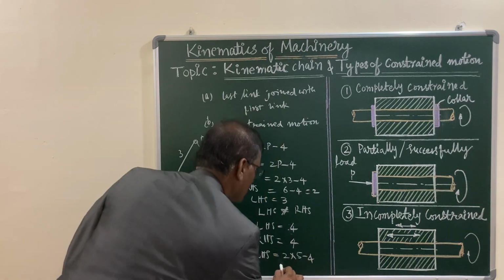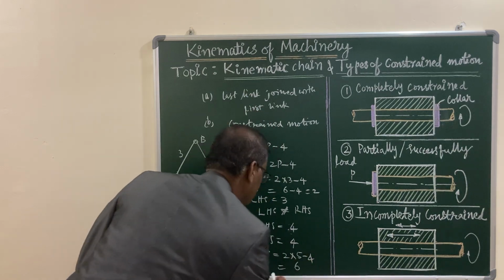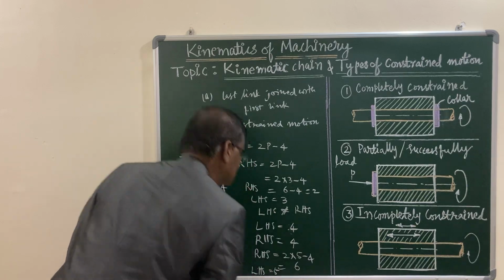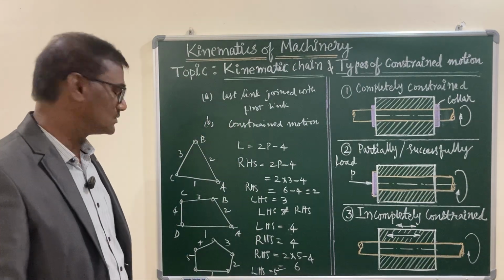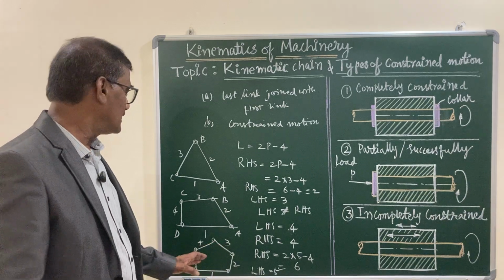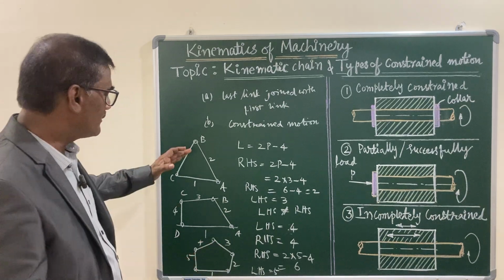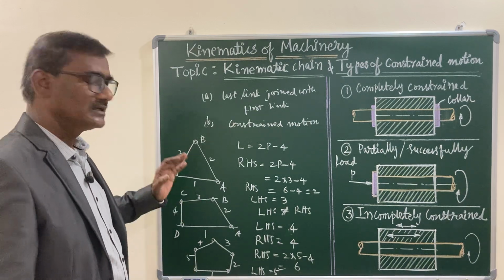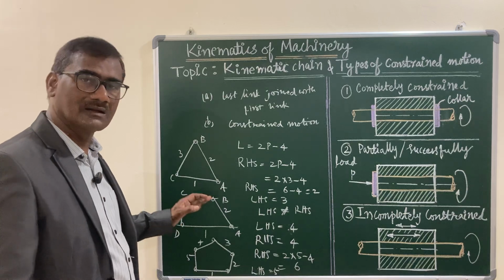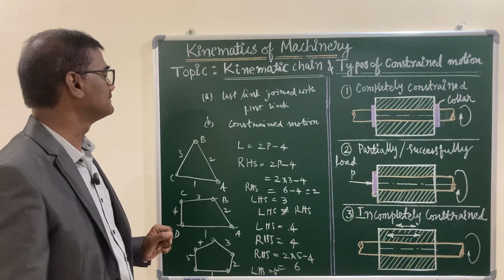So 10 minus 4, it is 6, whereas LHS is 5. So left hand side is not equal to right hand side, and this is not a kinematic chain. Among the 3, only a 4 link chain is called a kinematic chain.